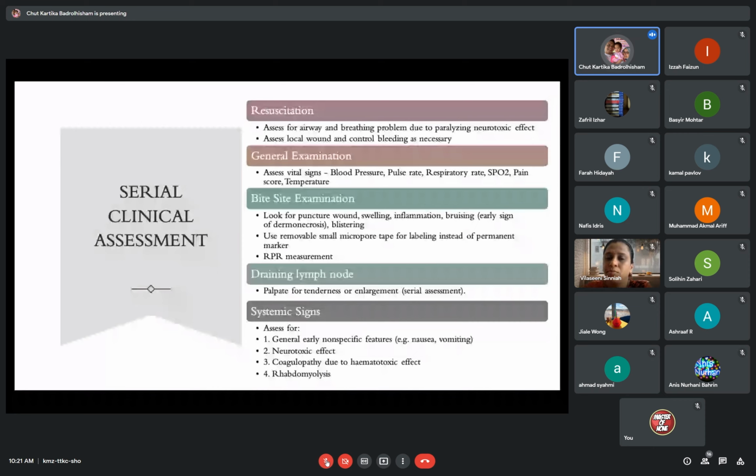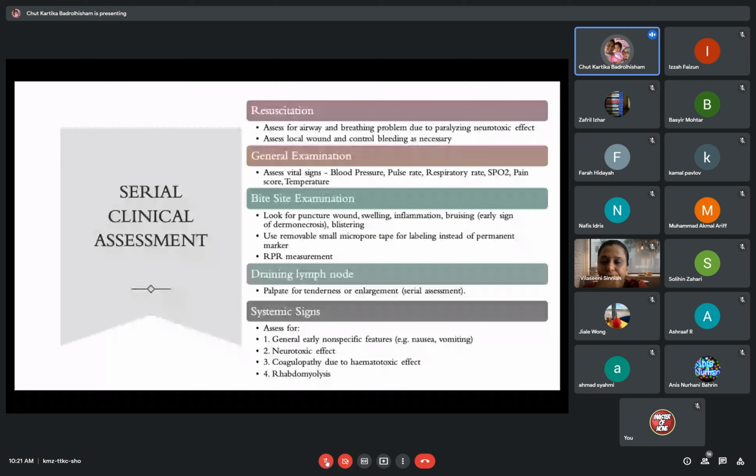Other than that is the systemic signs. Assess for general early non-specific features and also neurotoxic effect, the hematotoxic effect, also the myotoxic effect, rhabdomyolysis. All of this, you need to do it serially because the patient may progress.